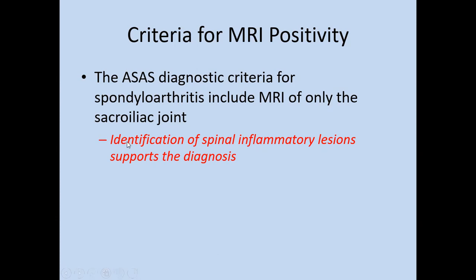Whether or not you have inflammatory changes in the spine, such as the squaring of the vertebra, the Romanus lesions, the Andersson lesion, all of these are considered supportive for the diagnosis of SpA. The major diagnosis for this patient would be the active sacroiliitis, regardless of the changes that you see in the spine.